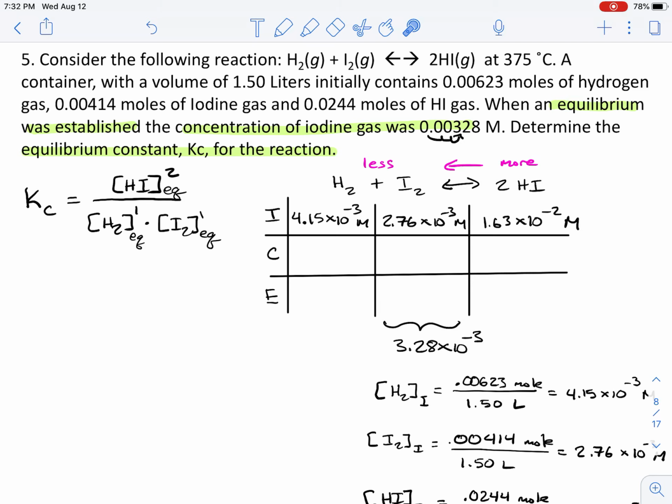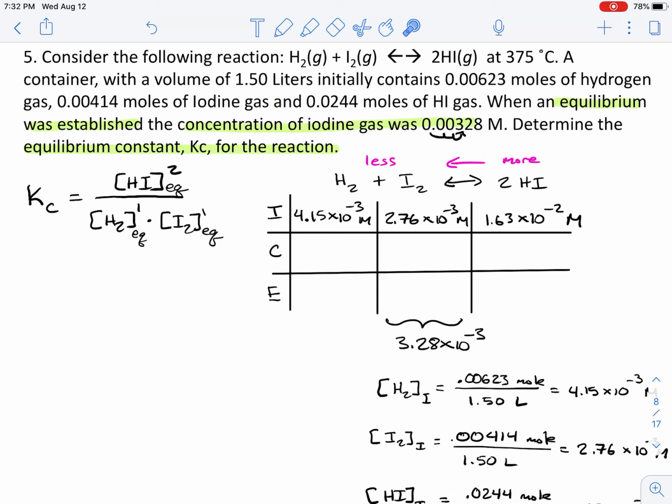The only way that this value can increase is if there is a net movement of the chemical reaction towards the side of the reactants. So this is kind of like a secondary confirmation that this reaction will move to the left instead of the right. Okay?